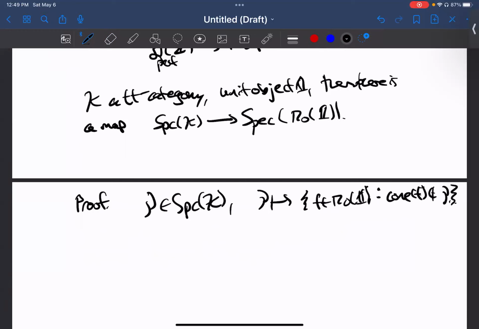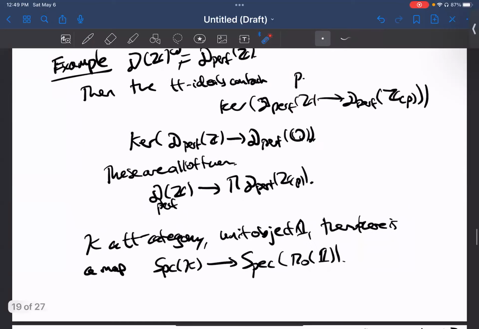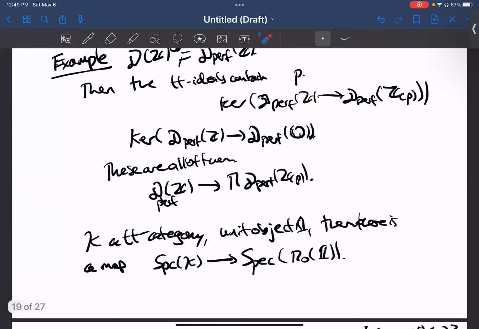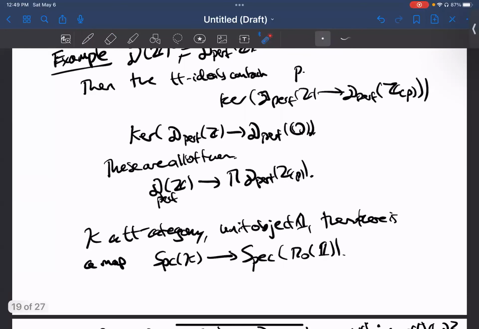Because you can think, for instance, if we're going here in the case of Z, then the kernel of this is going to consist of everything which is torsion of order prime to P. And so it's going to have the cone of every element which is prime to P. So we're going to want everything which has cone not in here.